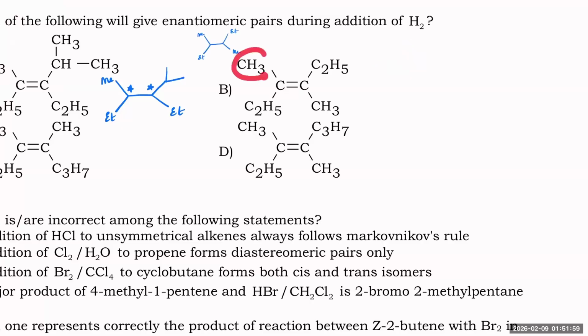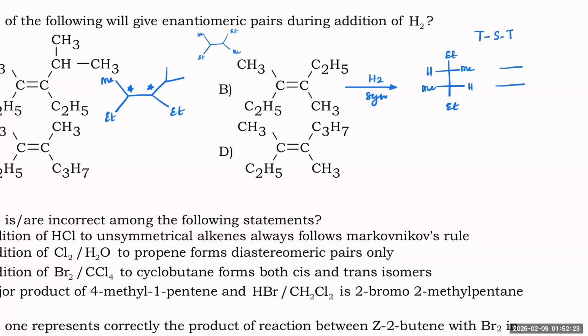This form is a trans form. And in a trans form, if you are making an H2 addition, which is a syn addition, trans, syn, we should get threo. So yes, which means I will have it like this: ethyl, ethyl, methyl, methyl, and hydrogen, hydrogen.